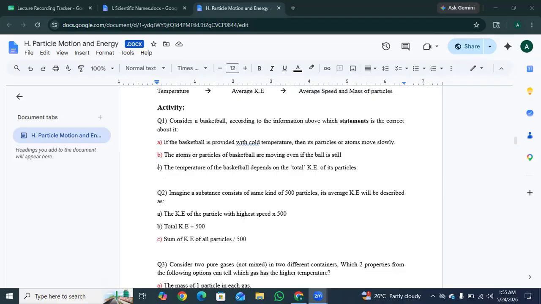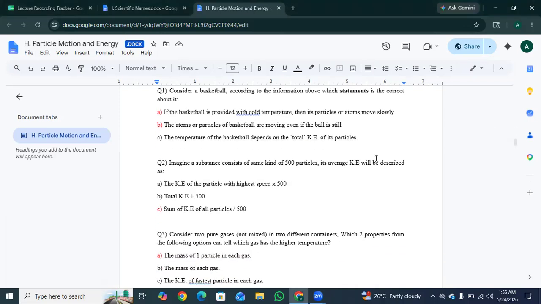Yes, options A and B are correct. Why? Because particles are always moving, even in a still object, which is answer B. And cooling it down makes them move slower, which is A. The temperature depends on average kinetic energy, not total, so C is wrong.